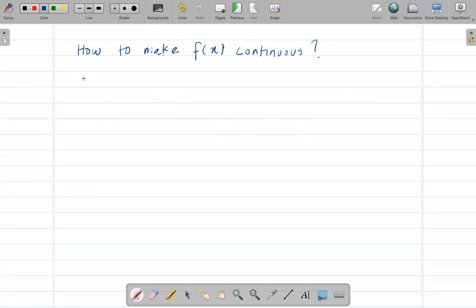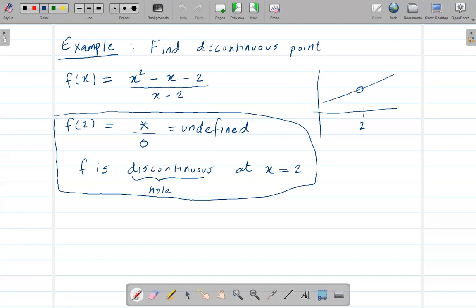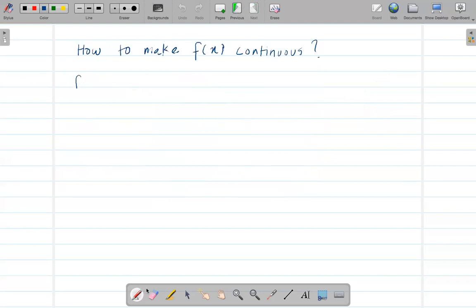Well, we can make f of x continuous by factoring the numerator, right? Because if I factor this numerator, then probably I can cancel something on the top and something on the bottom. So let's find the factor of this x squared minus x minus 2.